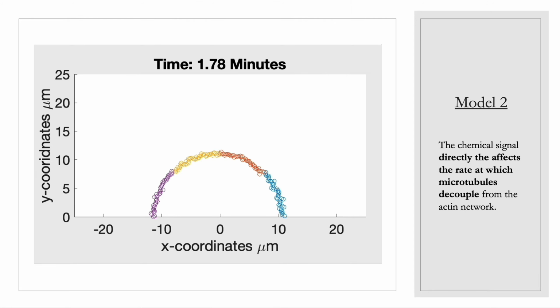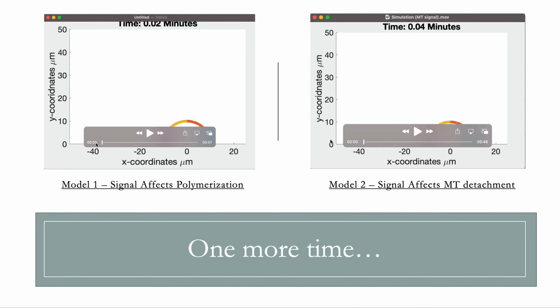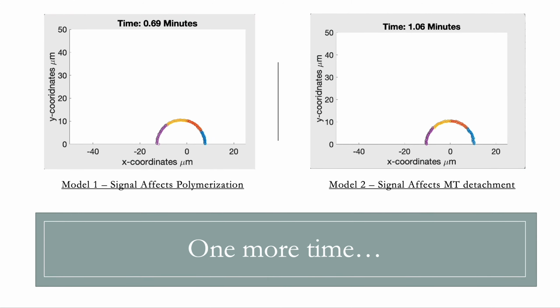In the second model, the chemical signal directly affects the rate at which microtubules decouple from the actin network. Let's play these 2 simulations again to compare. Using the same parameters, we can see that the actin polymerization model leads to different morphological changes and faster leading edge protrusion. Now, this is not to say that in real life it's one or the other.